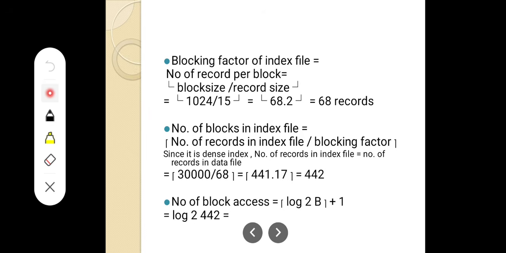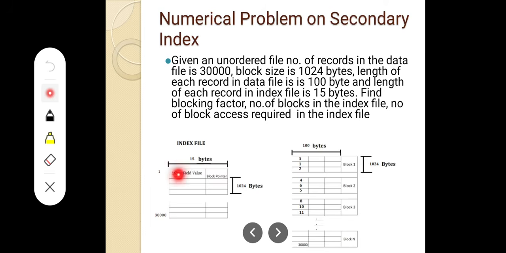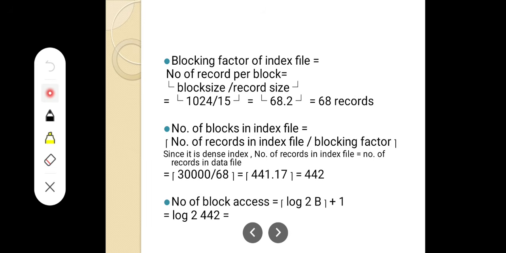Since it is an index, the number of block accesses will be the log value plus 1. That is mandatory. For an index, the block access will always be log b to the base 2 plus 1.